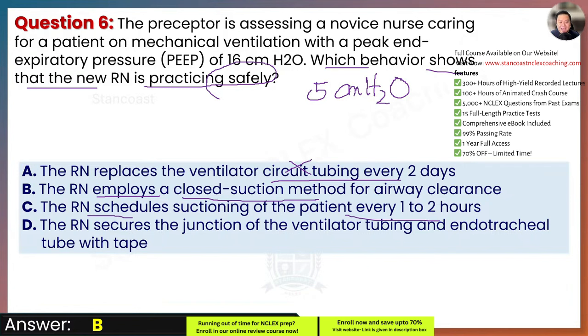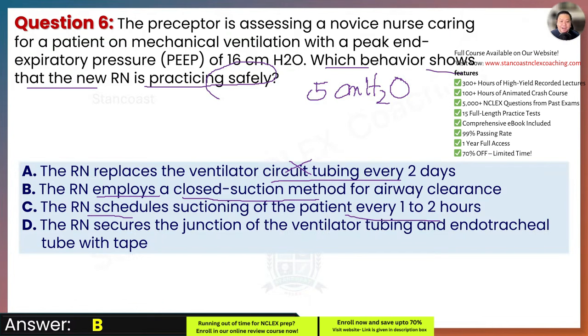And so if you're going to ask about the best practice, well, suctioning should only happen when clinically indicated. For example, if the client desaturates, or if there are visible secretions, or there is presence of respiratory distress. So eliminate letter C.